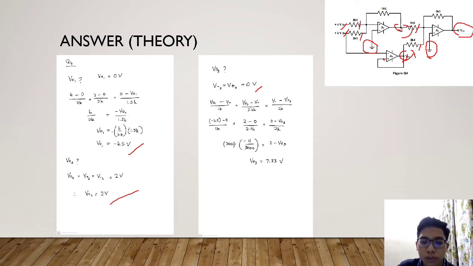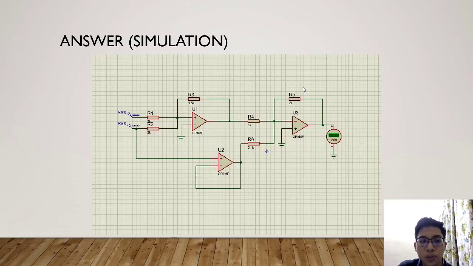Substituting the values of V output 1, V minus 3, and V output 2, we get V output 3 as 7.33 volt. This is the answer for the calculation, and we simulate the circuit to know whether the calculation is correct or not.